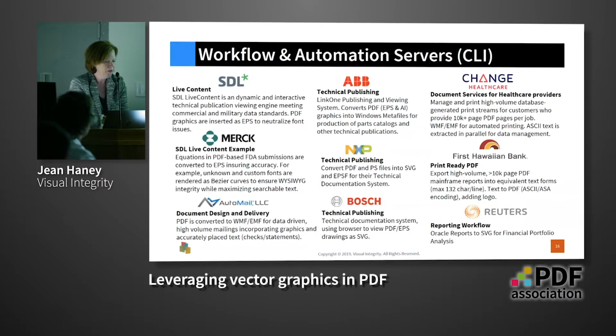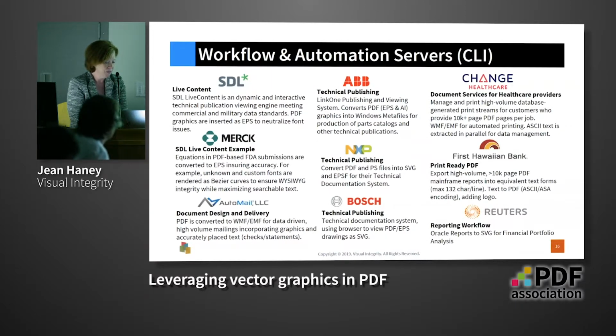Another example in publishing is ABB, who converts PDF as well as EPS and AI, which are all kind of formats of PDF, into WMF print streams in their Link 1 publishing and viewing system to produce parts catalogs. NXP Semiconductors and a spin-off, Nexperia, convert PDF into SVG and EPSF for their TechPub system.